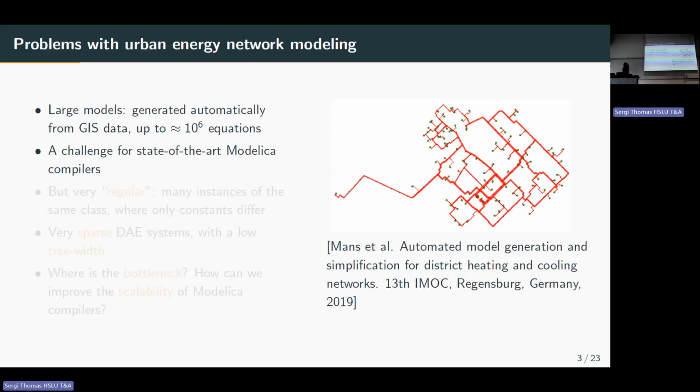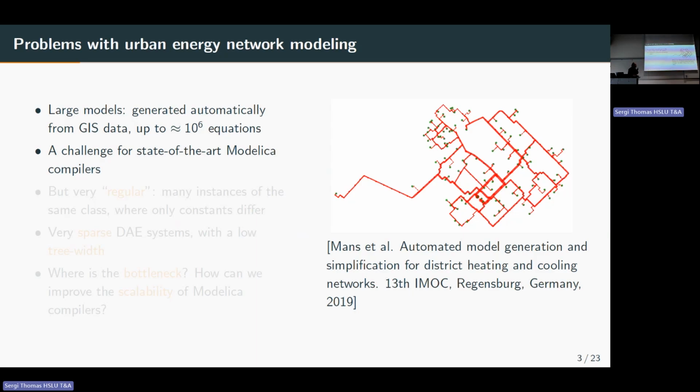So the motivation of this work is that you start to see Modelica users who produce automatically Modelica models from 3D AutoCAD models or GIS models, and the Modelica models produced automatically in this way tend to be fairly large and become a challenge for Modelica tools, in particular Modelica compilers.